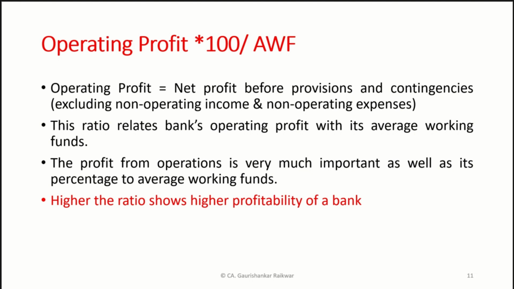All the ratios we have discussed are calculated against the total availability of average working fund, and the profit from operations and its percentage to average working fund is very important. Banks are supposed to earn income through their normal operations. They are free to do other business, but the main business of a bank is to generate a sufficient operating profit through its operations.